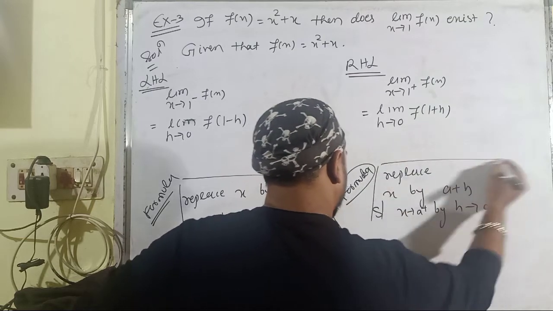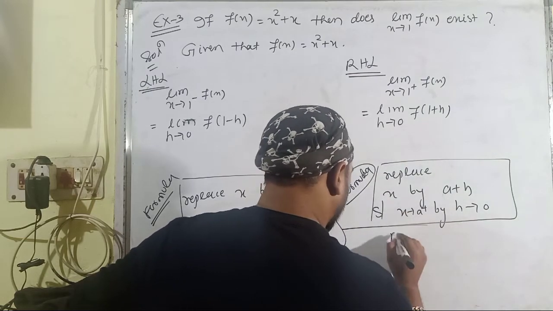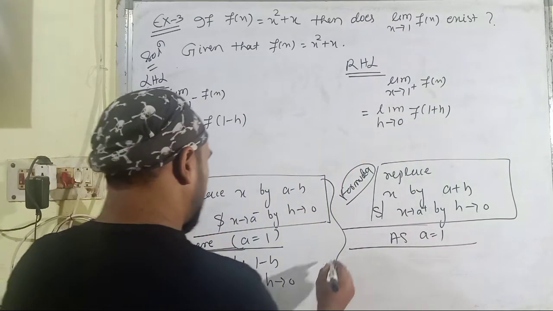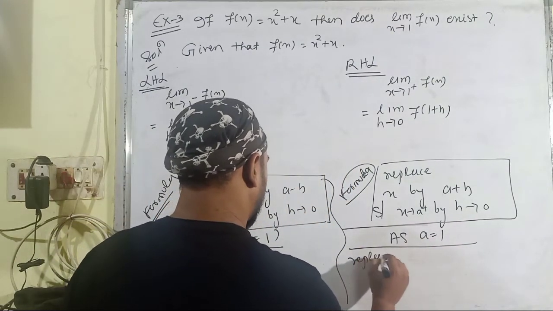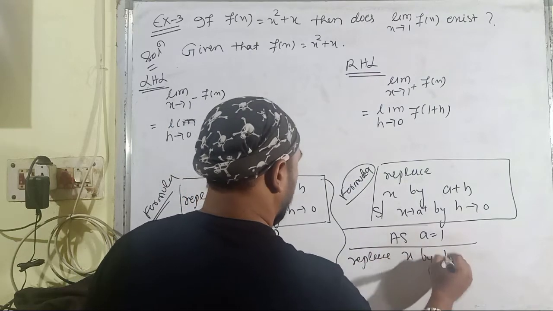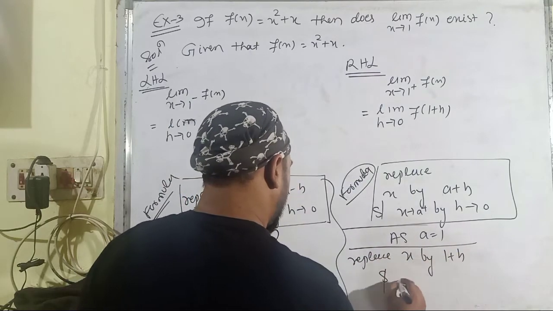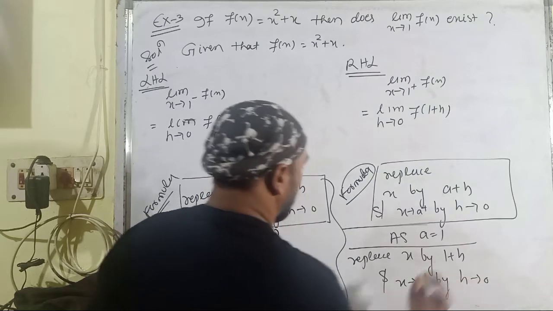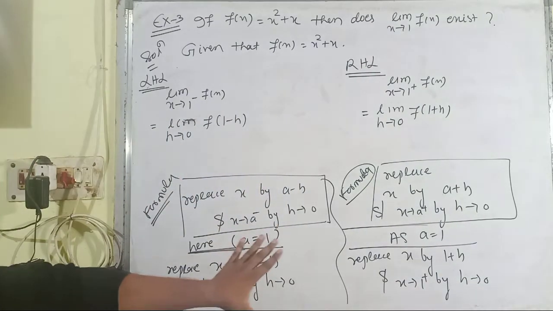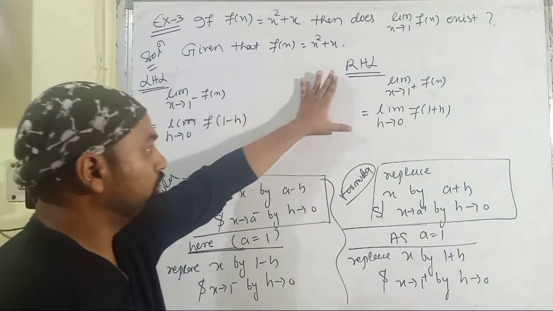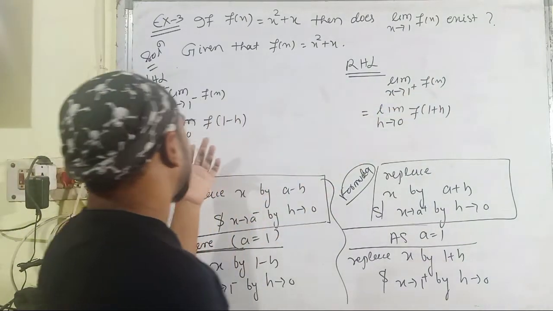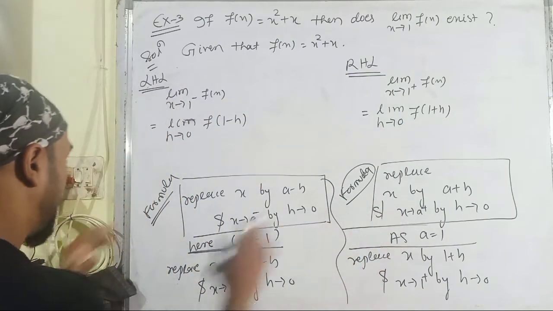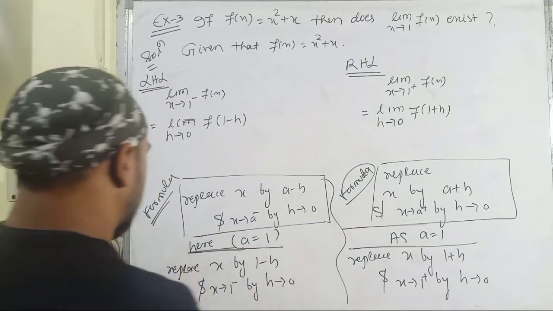This is the genuine formula. As a is equal to 1, replace x by 1 plus h, and x tends to 1 plus by h tends to 0. So these are the replacements for the point x tends to 1 plus or 1 minus, and you have to mark it.